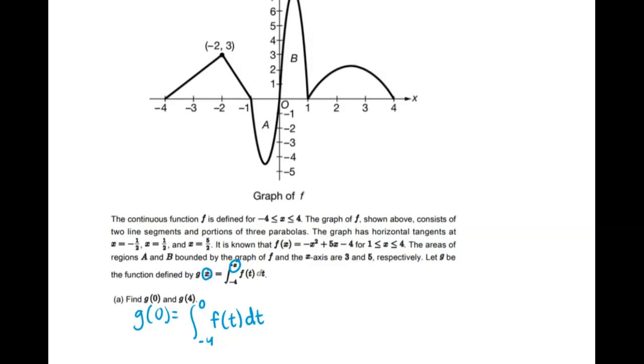It looks like from -4 to 1 we have a triangle. You could split it into two triangles, that's good too. But I'm going to look at this as 1/2, the base is 3, and the height is 3.